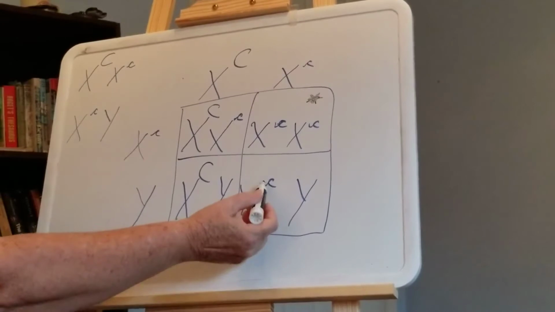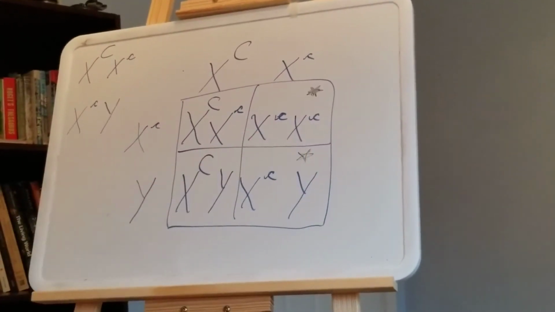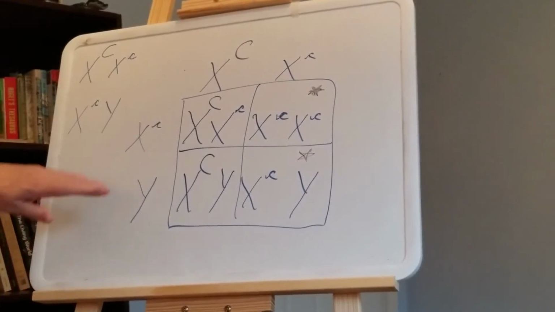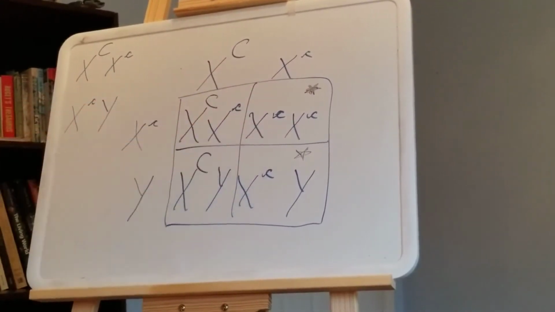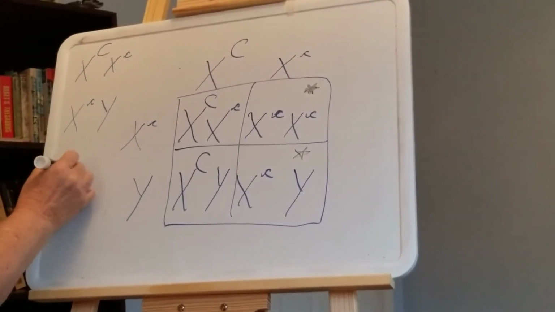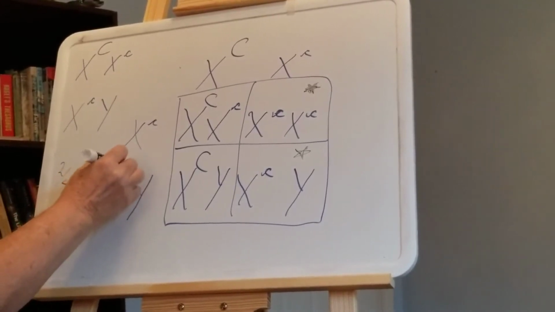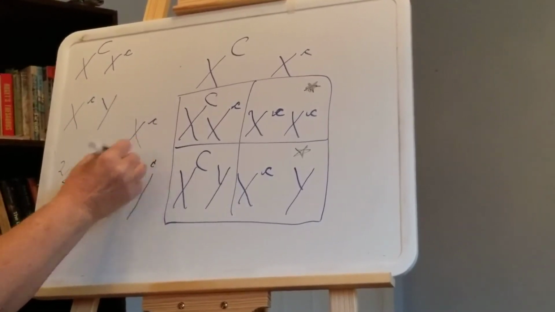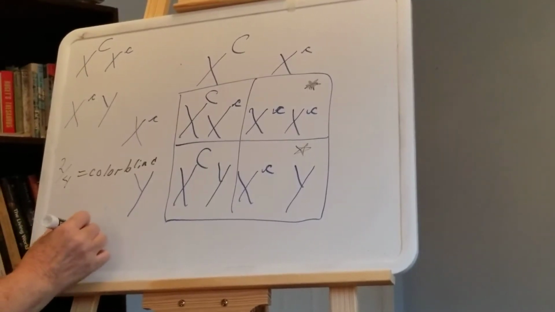The X chromosome has a lowercase c on it and will be colorblind. So you could say out of the possibility of 4 children, the 4 possibilities, 2 out of 4 would be colorblind. 2 out of the 4 can see color.